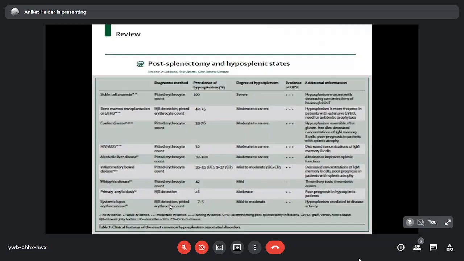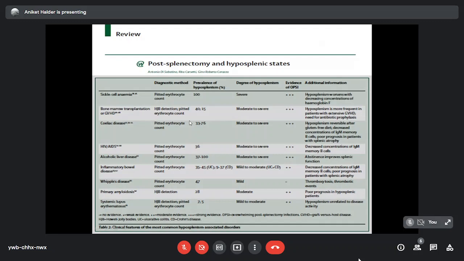There is a review article by Sabatino where they reviewed post-splenectomy and different hyposplenic states, and they found that the prevalence of hyposplenism is about 100% of cases with sickle cell anemia.